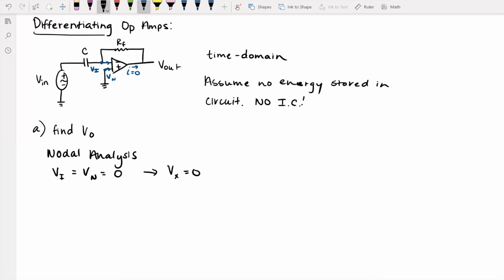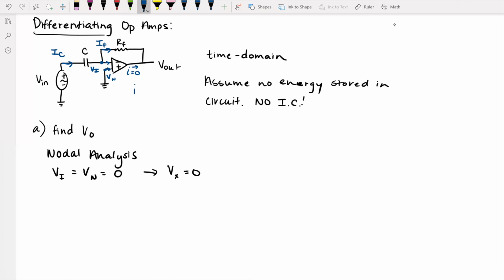We also want to label this current to the resistor as I. And so if no current can be going into the op amp, that means that all the current has to be going through the capacitor and then through the resistor.